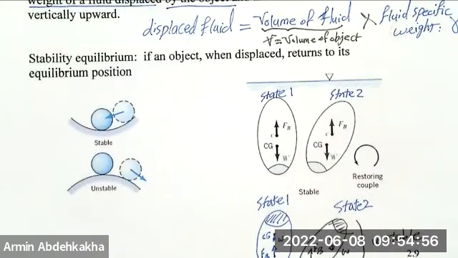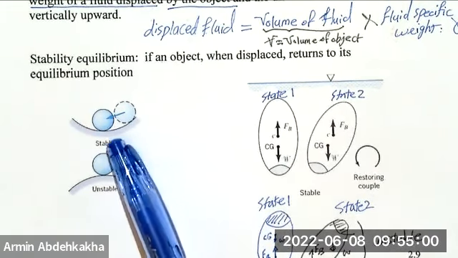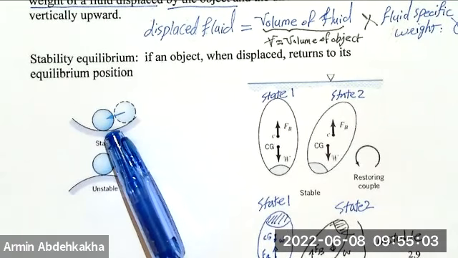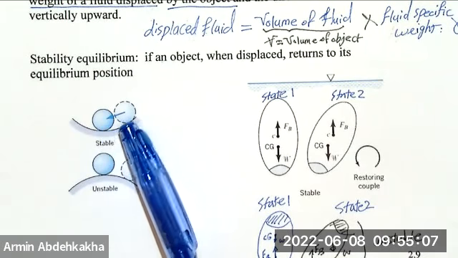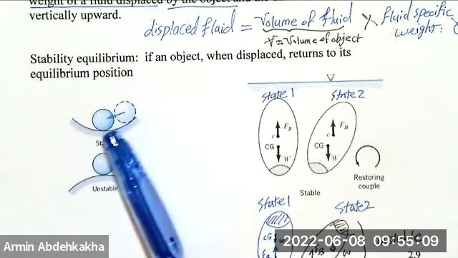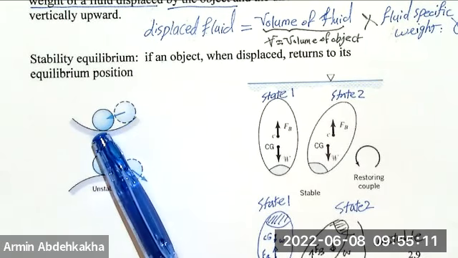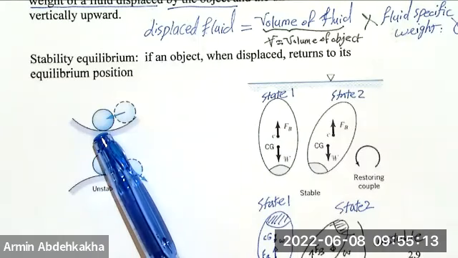Here we are talking about stability. At first, stability means that the stable one is in a state 1. If you move it to state 2 and it returns back to the same state, the same condition, then we say that system is stable.